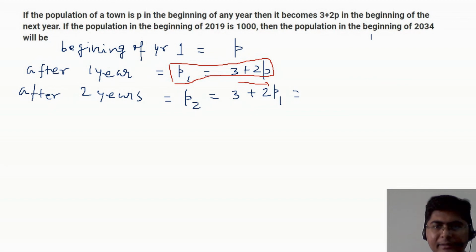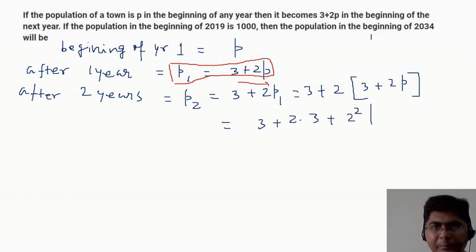So I will get 3 plus 2, just putting the value of P1, 3 plus 2P, right? So 3 plus 2 multiplied by 3 plus 2 square P. So if I just put it like this, 3 in a bracket, see, look at 3 and these 3 are common. So 1 plus 2 plus 2 square P.